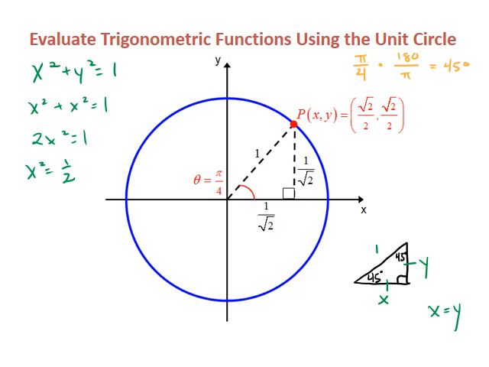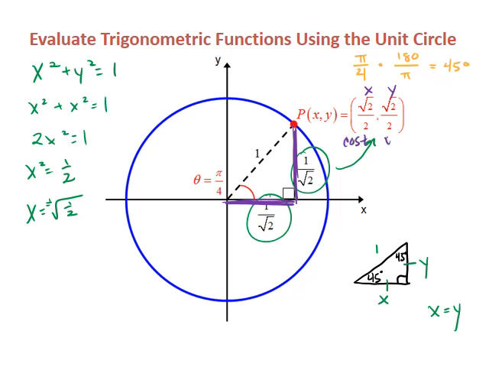Then I can take the square root of both sides and find that x is this, what I have here and here. If you rationalize the denominator, you will get these. Now remember, this is the x value, this is the y value. So this is cosine of t, and this is sine of t.